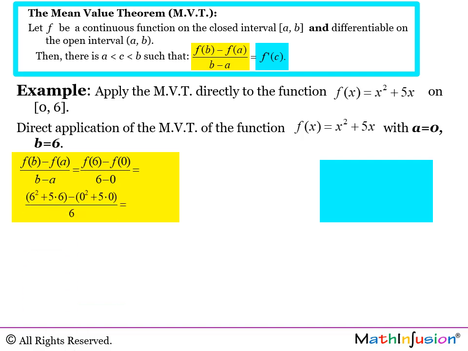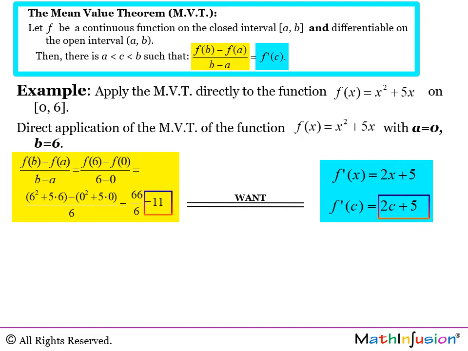And we get that. We are going to do the numbers, and we get 11. On the other hand, the derivative of the function is 2x plus 5. So f prime of c is 2c plus 5, and we want those two to be equal. Let's solve for c. 11 equals 2c plus 5.